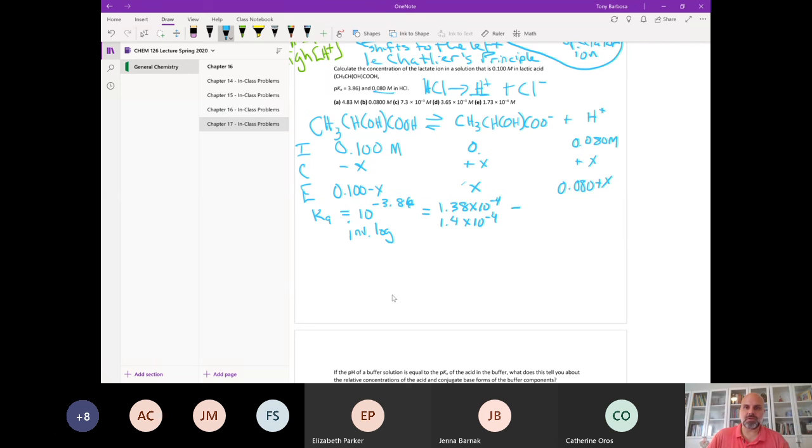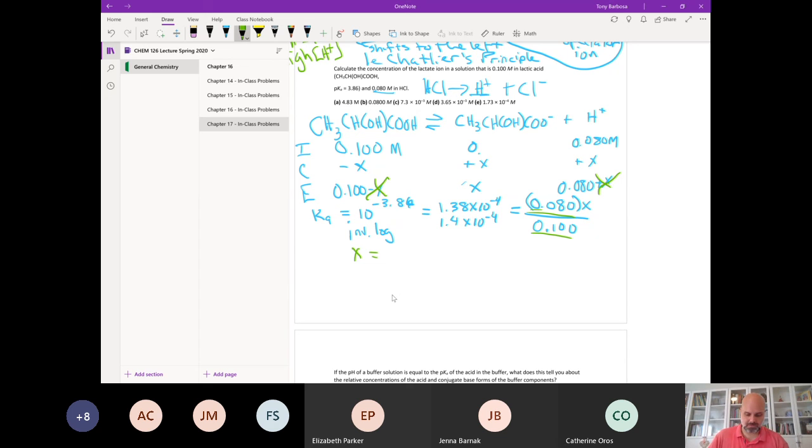At this point, you just keep plugging it in, then you're going to have Ka is equal to, I'm going to simplify right from the get-go, 0.080, I'm going to drop the X, times X divided by 0.100, I'm going to drop the minus X. So I've decided to drop these two X's when I put them into the equation here. Then you simply solve for X.